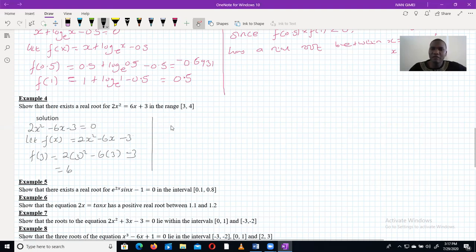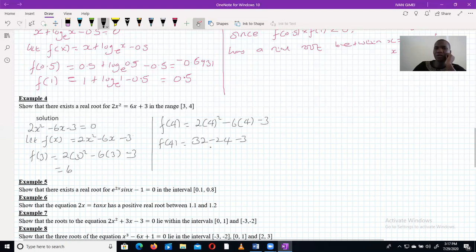F of 4 will be the same as 2 into 4 squared minus 6 into 4 minus 3. This is 32 minus 24 minus 3. 32 minus 24 is 8, and 8 minus 3 gives me 5.